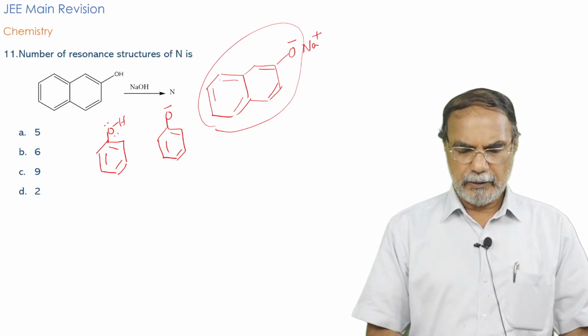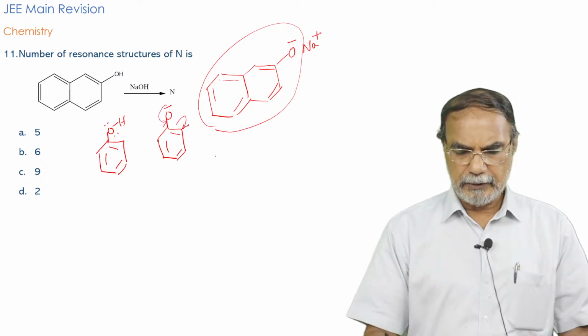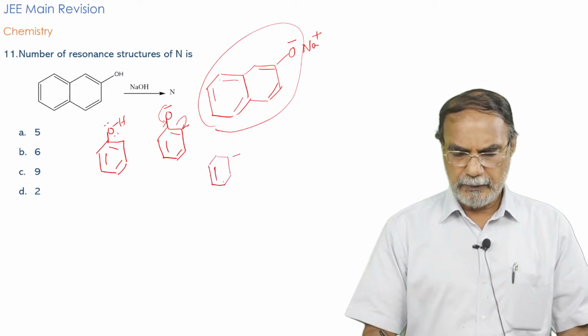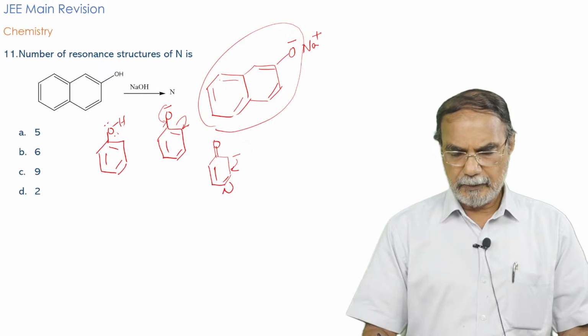What are the possibilities? The negative charge can come here, and you will write the structure, the negative charge here, double bond O. And then the negative charge comes here like this. You have another structure, the negative charge here.